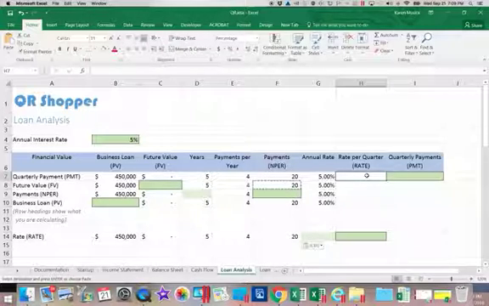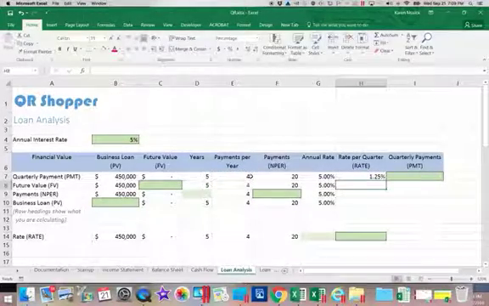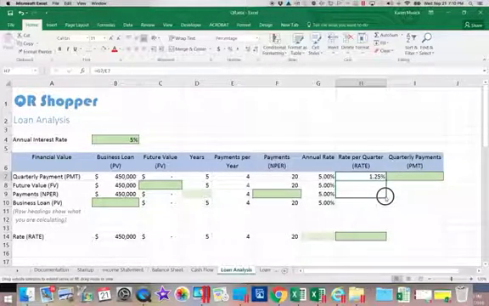Now the rate, again, that's going to be the same except for the bottom one. So I'm going to take my annual interest rate and divide that by the number of payments per year. And then I can copy that down to my other formulas.